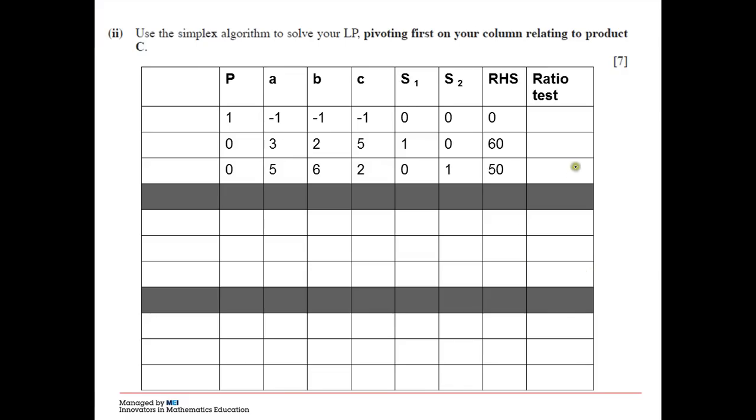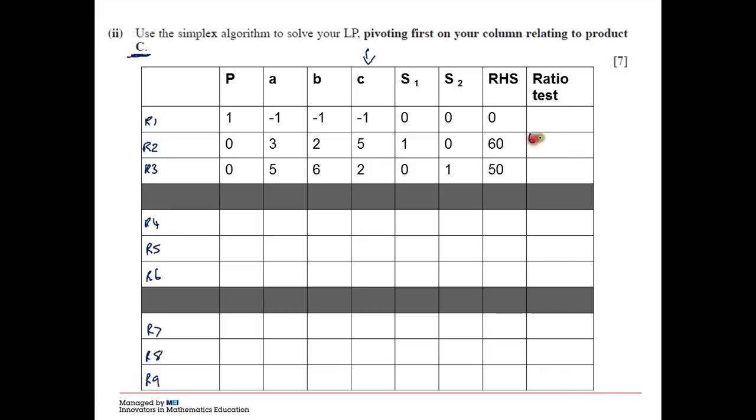Use the simplex algorithm to solve the problem, pivoting on the column relating to product C. So this time you were told to pivot on column here, and we've only got 2 constraints, so it's not so bad. I'm starting off by merrily labelling my rows so I don't forget to do it.